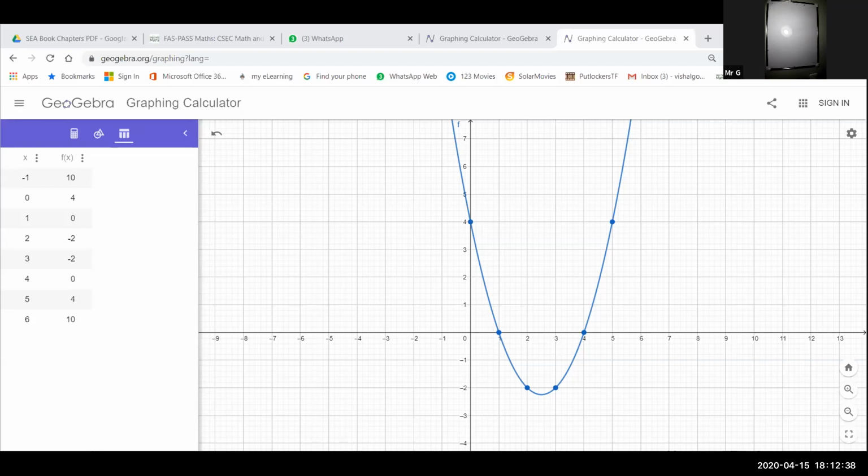So let me pull up a question now. y is equal to x squared minus 2x minus 3. Also, x lies between -2 and 4.